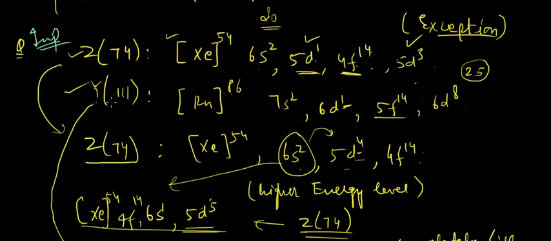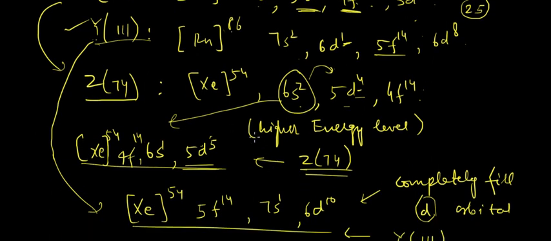Now let's talk about the configuration of Y111. For the configuration of Y111, again we have radon 86, and here we have 5f14. I'm just writing here. We have 7s2, which would give one of its electrons, giving 6d9: 6d1 plus 6d8 would be 6d9.